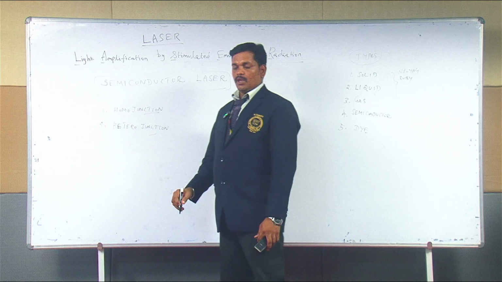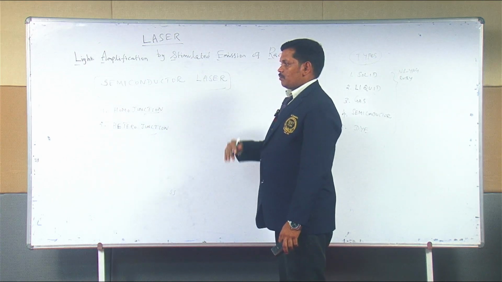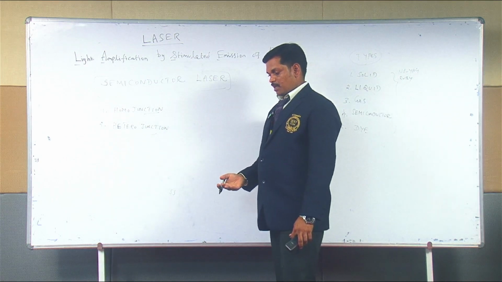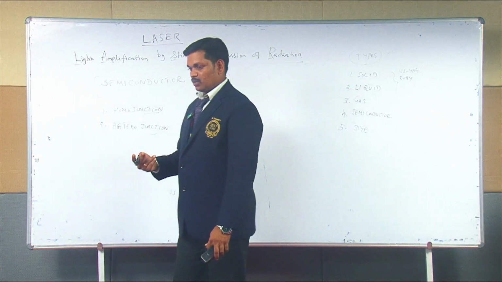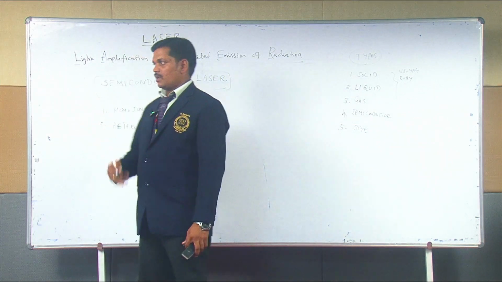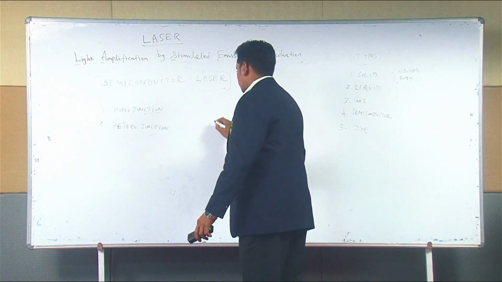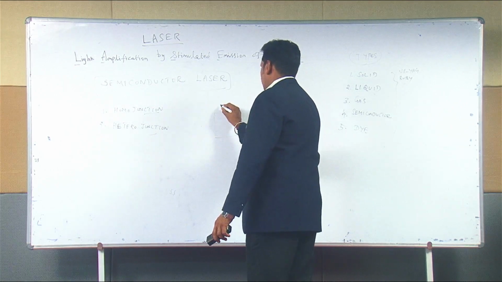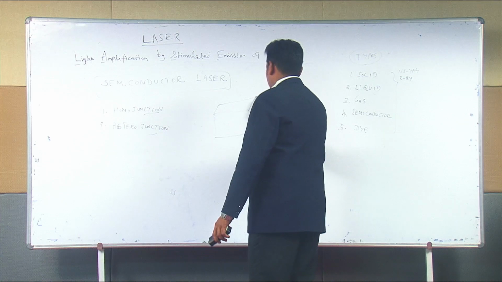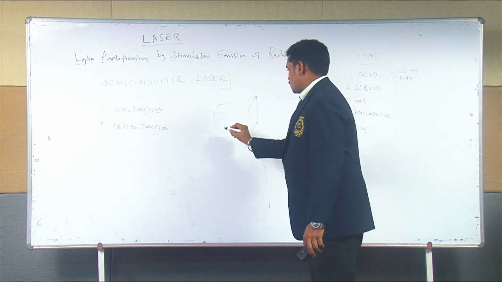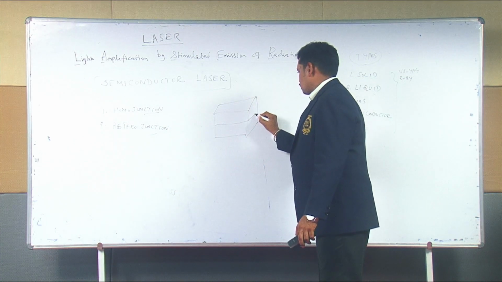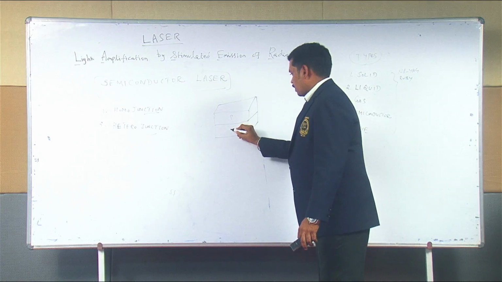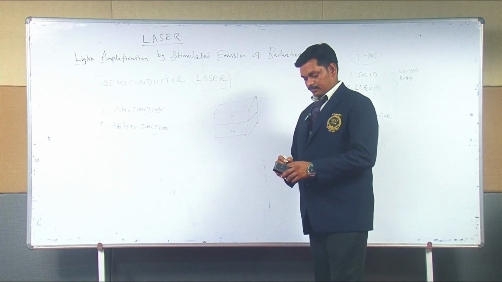Homo means same. See, most of the semiconducting materials like a diode have two regions, P region and N region. So you can assume like this. There are two regions, this is the P region and this is the N region.